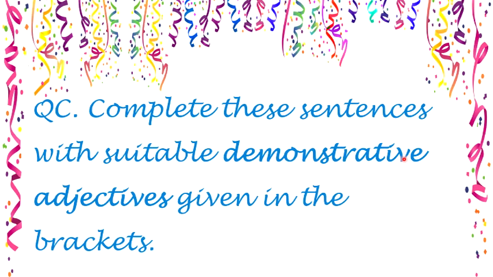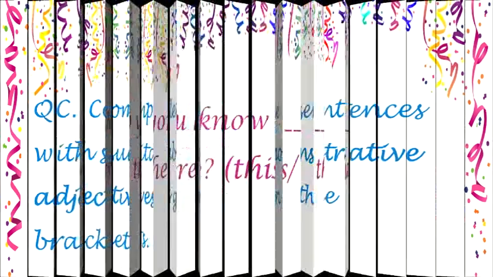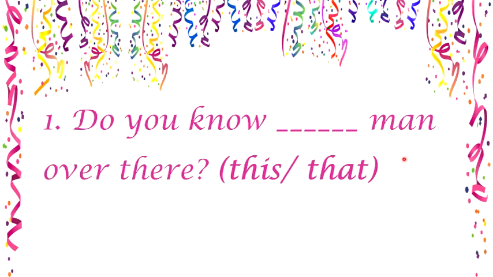Okay, let us see number 1. Do you know dash man over there? Now dear children, when we talk about demonstrative adjectives, we have to understand the positioning of that noun for which we are using our adjectives.